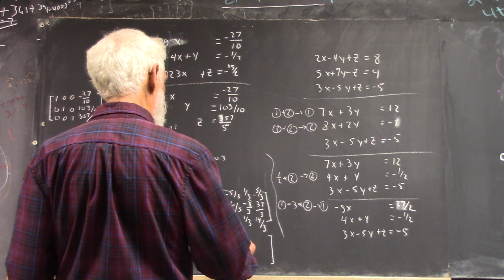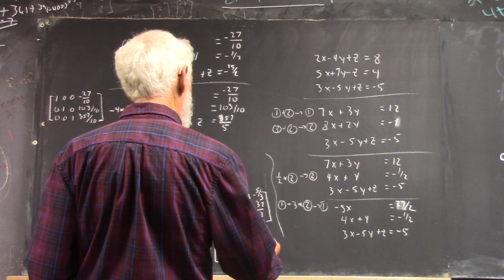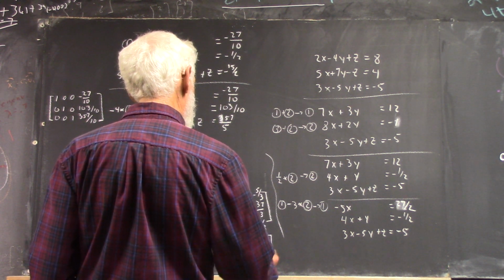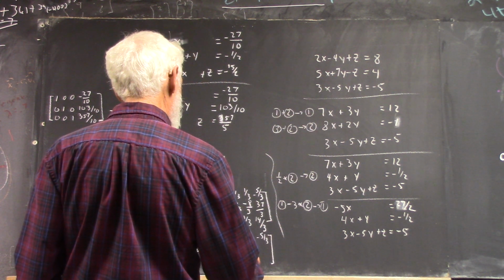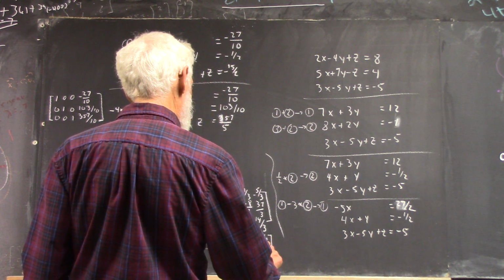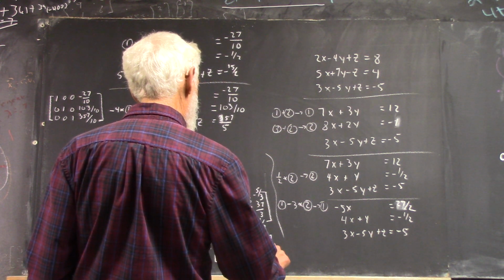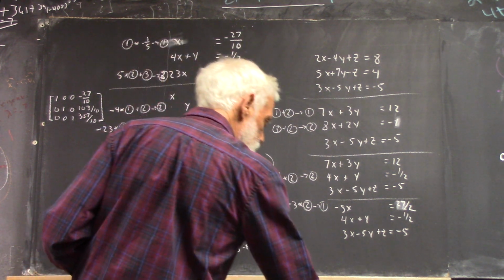So I have 1, negative 5/3, 1/3, negative 5/3. I'll have 0, negative 2/3, negative 8/3, 37/3. What is the matter with me?